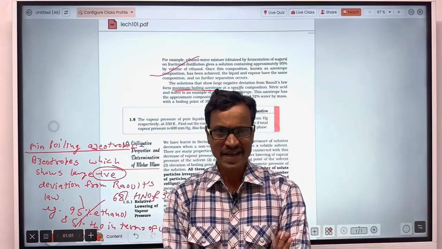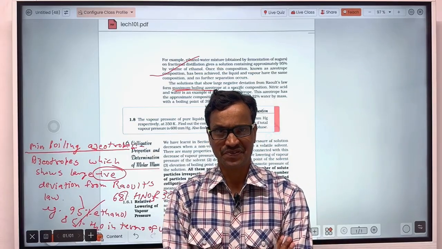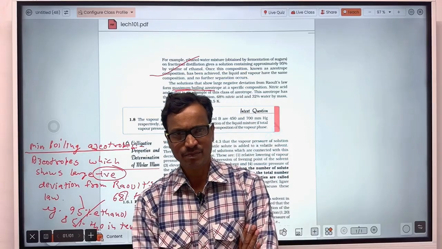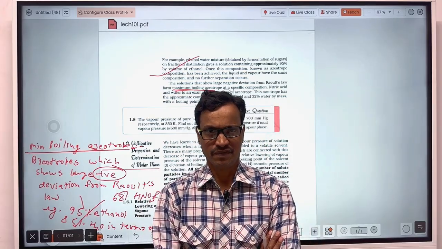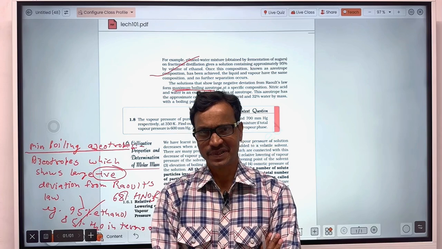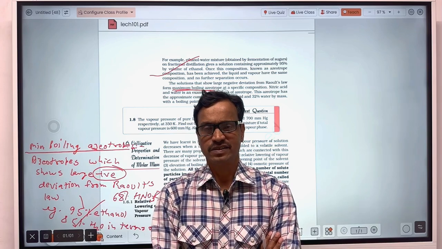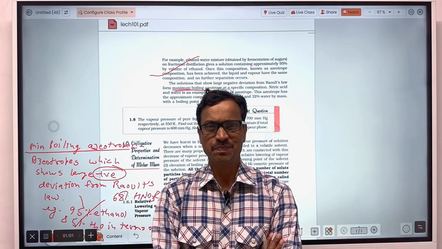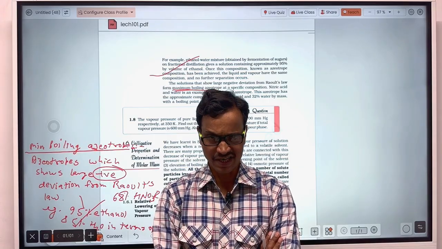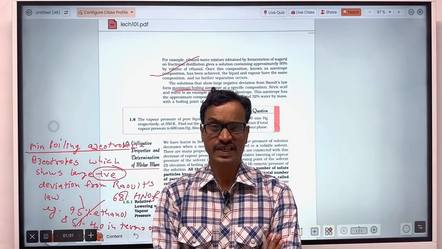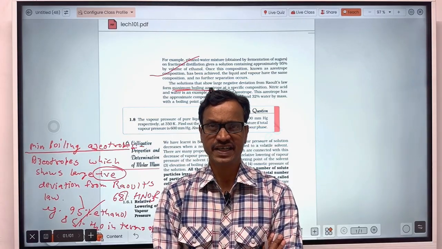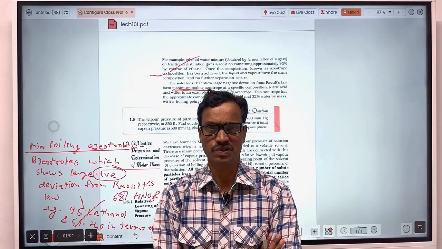One is maximum boiling azeotropes. In maximum boiling azeotropes, the boiling point of the resulting solution becomes greater than that of both the liquid components, and in that case the vapor pressure of the resulting solution shows negative deviation. That means the solution shows large negative deviation from Raoult's law.